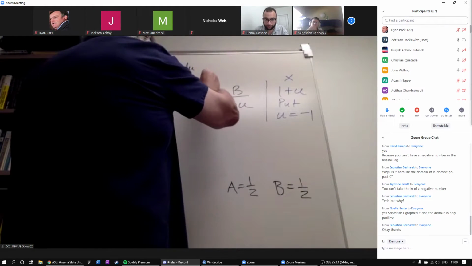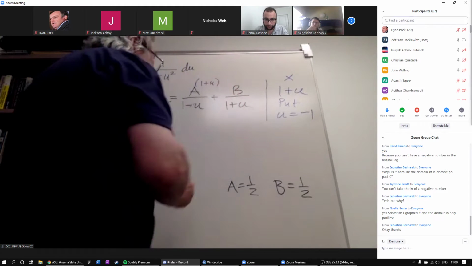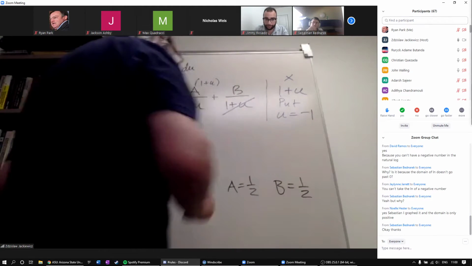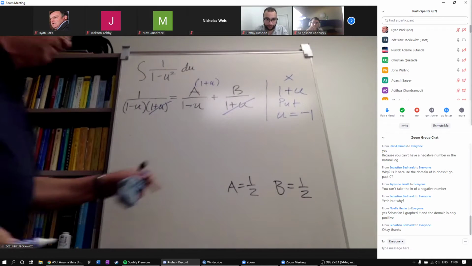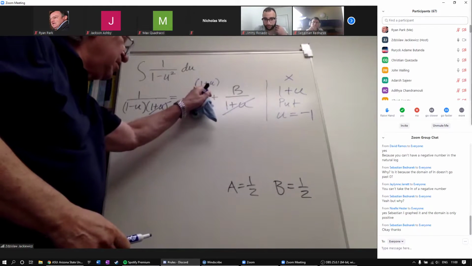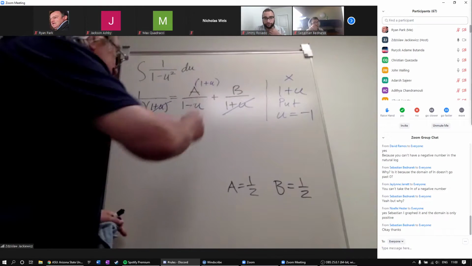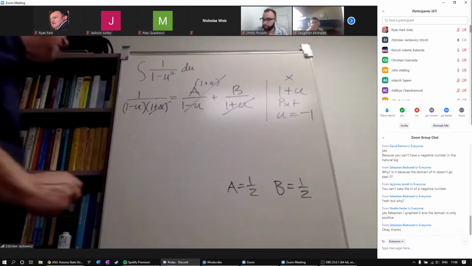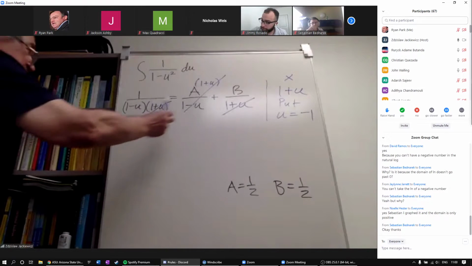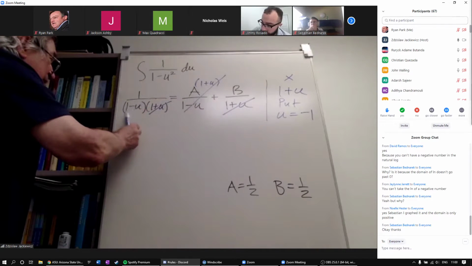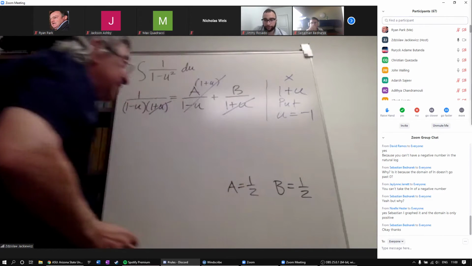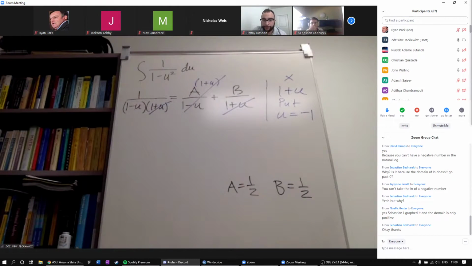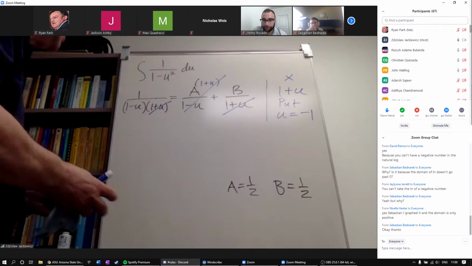You multiply by 1 plus u, and this cancels. So now, b is equal to, if you put u equal minus 1, that term is 0, so this goes away. So b is equal to 1 over (1 minus (minus 1)), that's 1/2. It's the same thing. So that's a faster way of computing things.